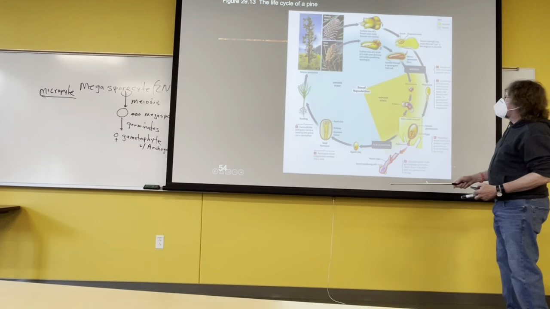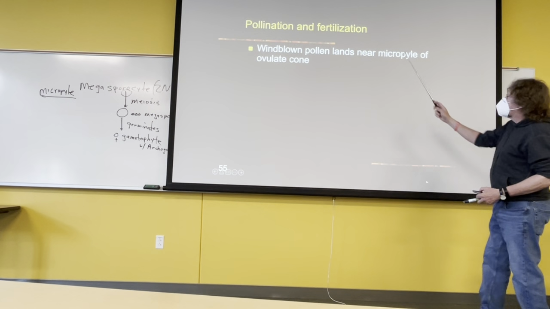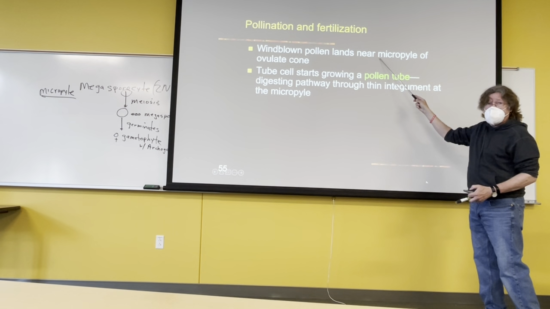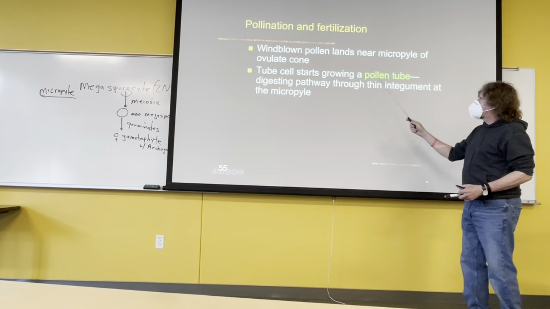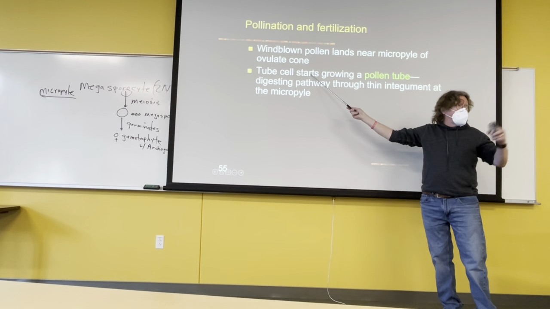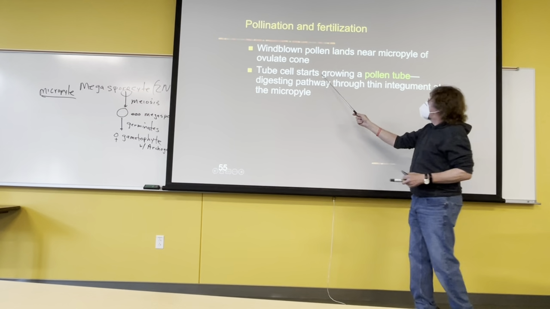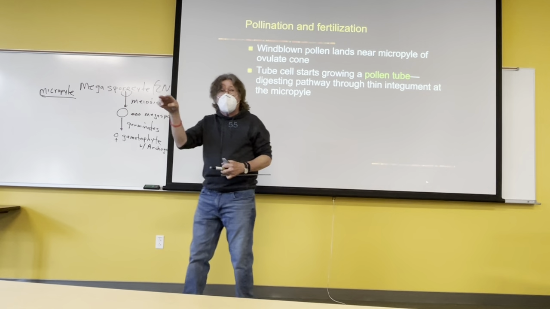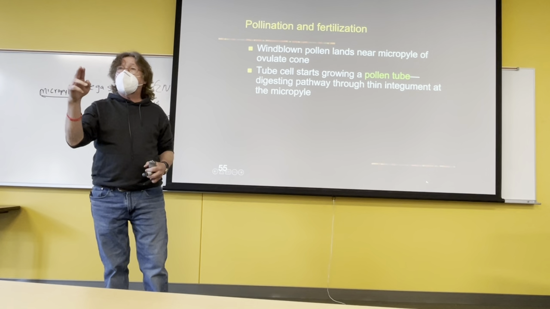And then what happens here, we'll skip this for a moment. Okay, I already said all this. So that pollen grain happened to be now in the pollen chamber. We had 2 cells that were important there, the tube cell and the generative cell. The tube cell starts growing a tube called a pollen tube that will digest its way through the micropyle.